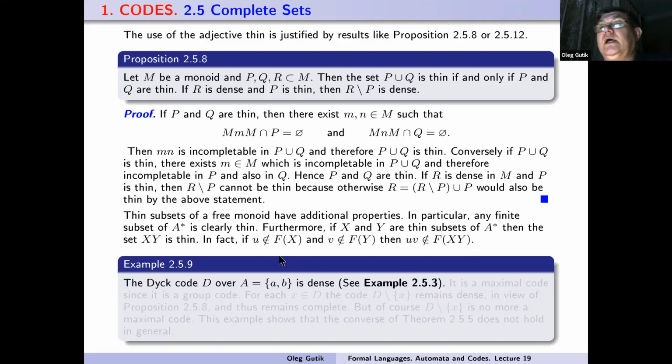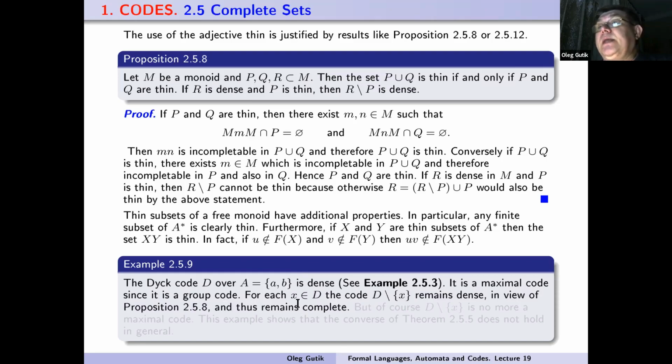Example. The code D over the alphabet A, which consists of elements a and b, is dense, as proved in the example 2.5.3. It is a maximal code because it is a group code.